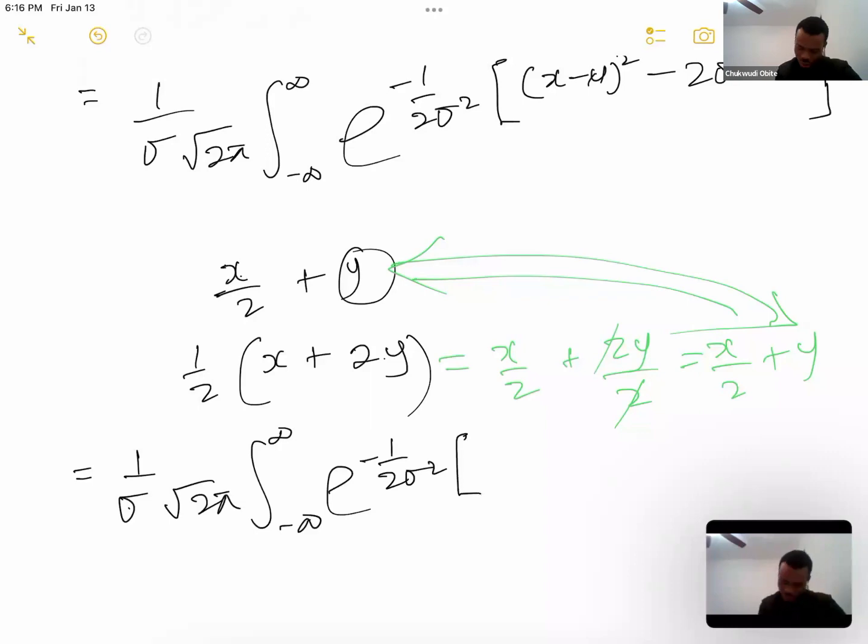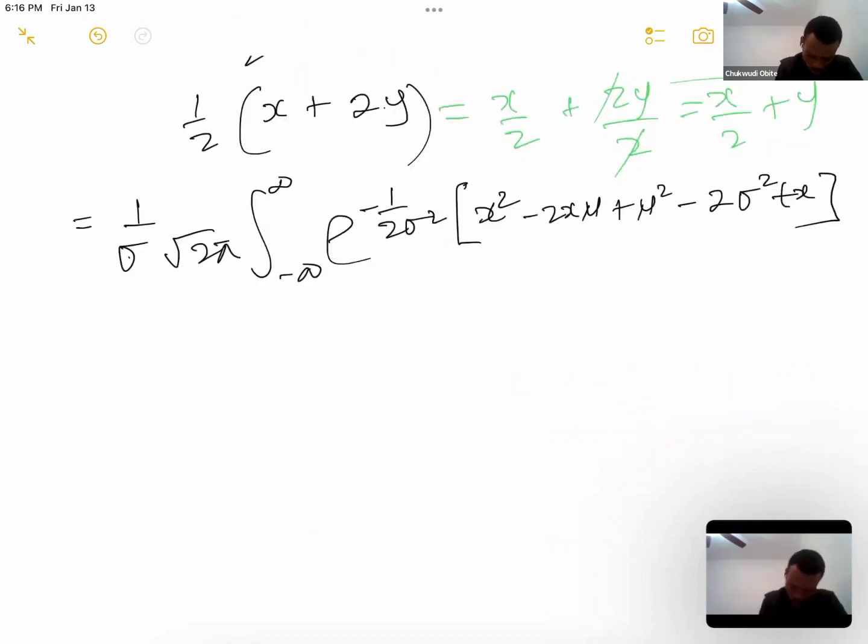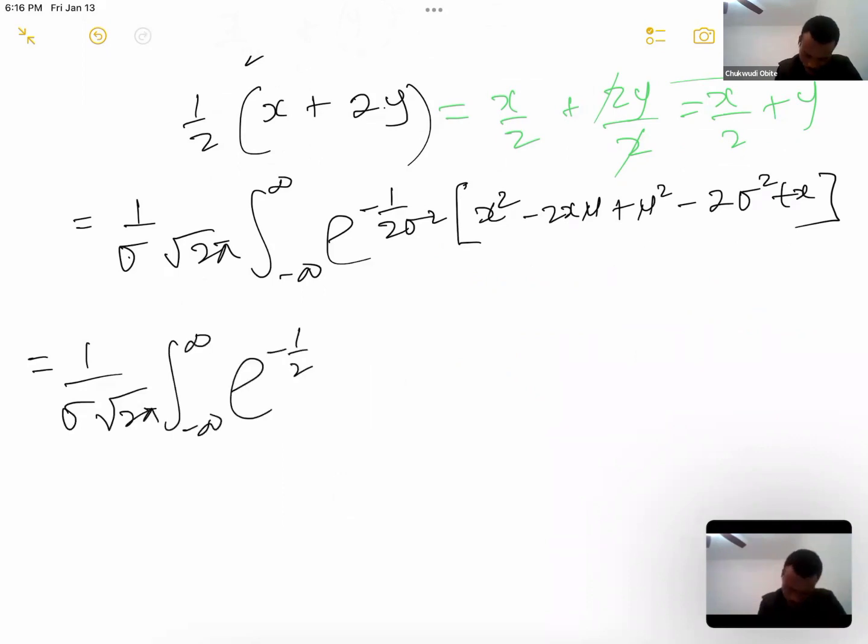If I expand (x minus mu) squared, I will have x squared minus 2x mu plus mu squared, minus 2 sigma squared tx.